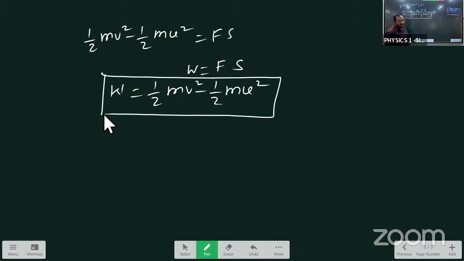Okay, students, now one more rapid explanation. Today our topic, long answer question: define the work kinetic energy theorem.